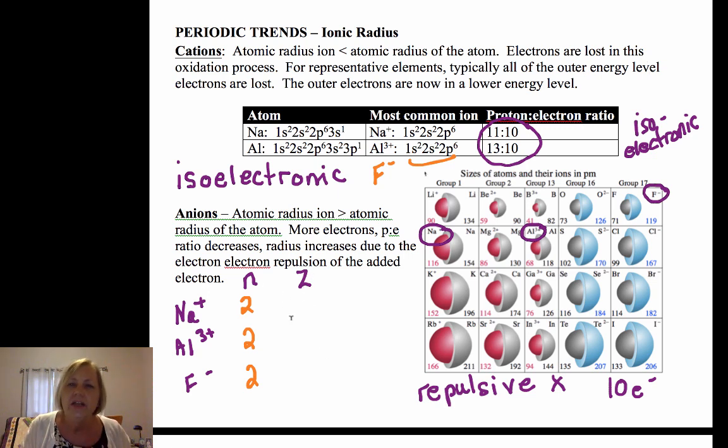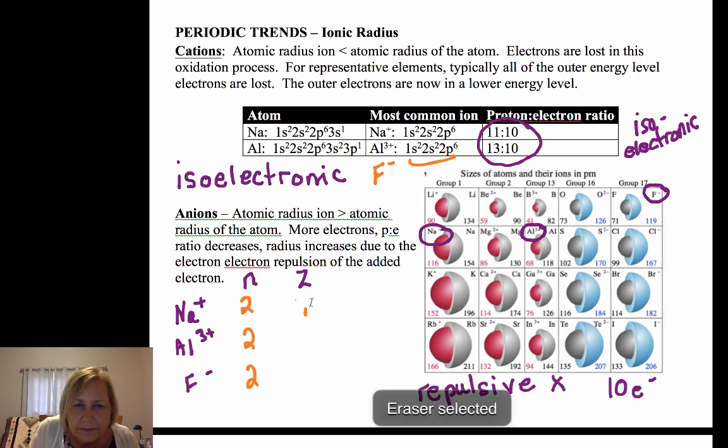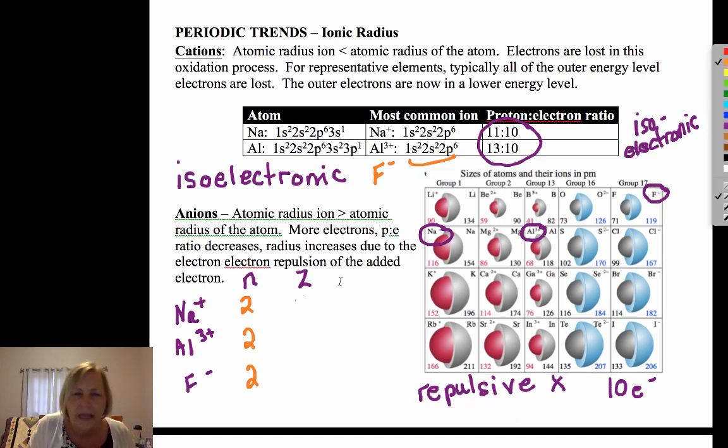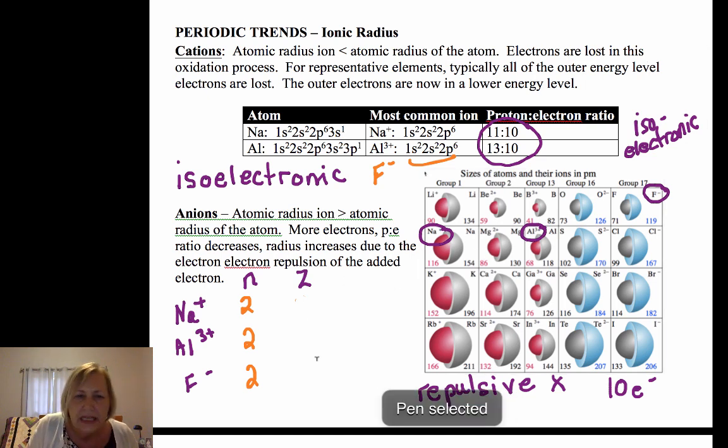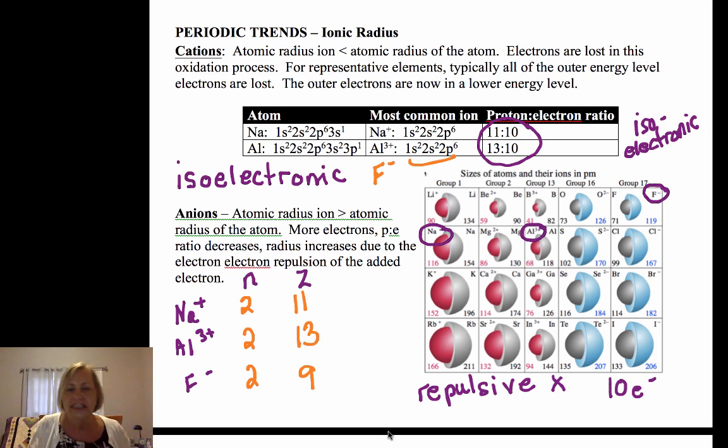Let's compare their nuclear charge. I have 9 for fluorine, I have 11 for sodium, and I have 13 for aluminum.